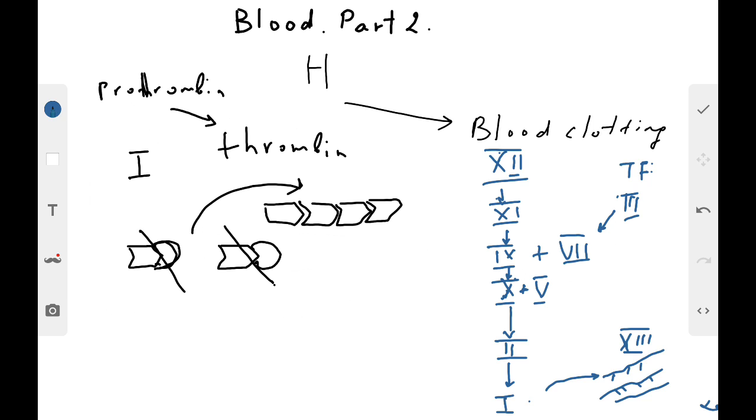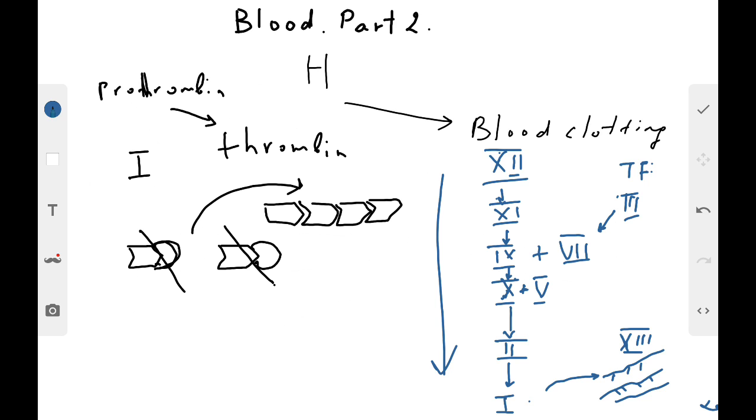This is if we have, for example, one molecule of factor 10, it may activate 10 molecules of factor 2, of thrombin, and each molecule of thrombin may activate 30, for example, or 50 molecules of fibrin. So this is a huge activation of this cascade.